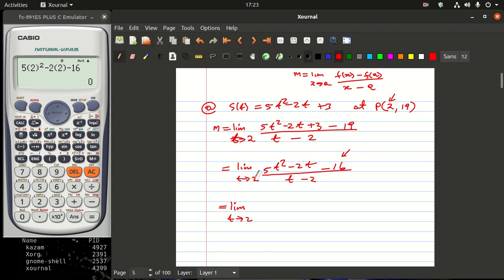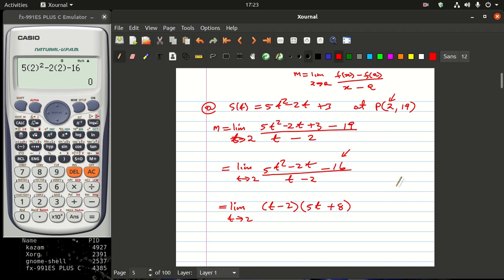So t equal to 2 is a value that makes this equal to 0, so t minus 2 should be one of the factors. And then the remaining part is going to be very simple. 5t squared divided by t is just 5t, and then minus 16 divided by minus 2 is supposed to be plus 8.